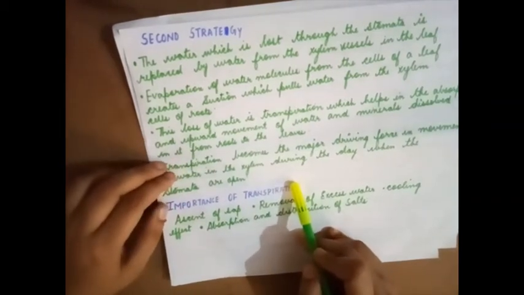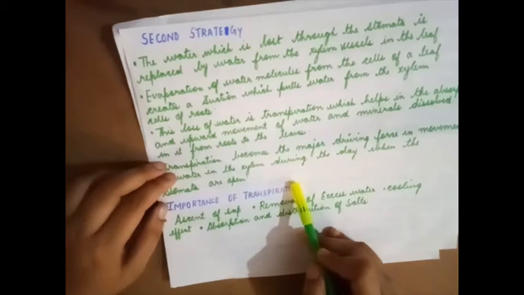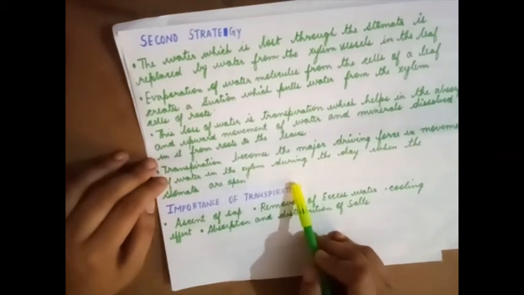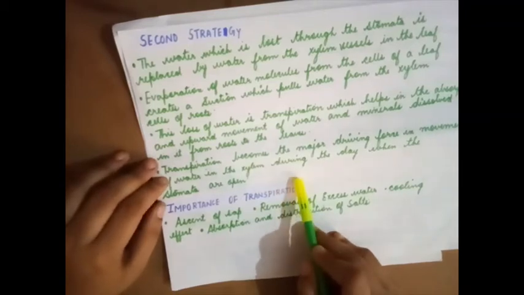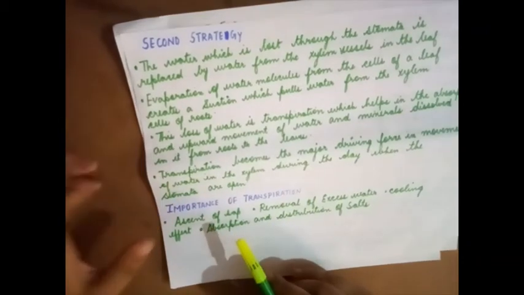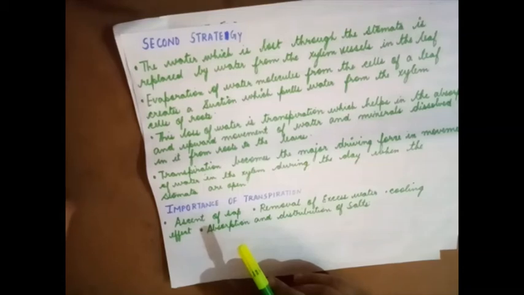That's why we have the root pressure theory that was put forth to explain the absorption of water during the night time. This theory is also known as transpiration pull theory, or ascent of sap. Sap is nothing but water which has got minerals in it.